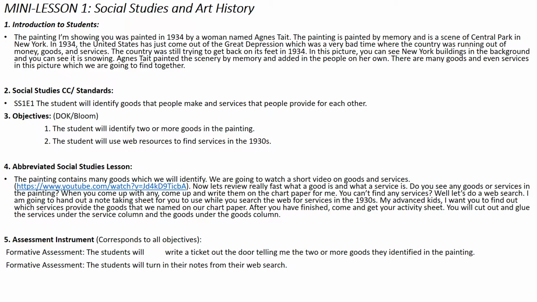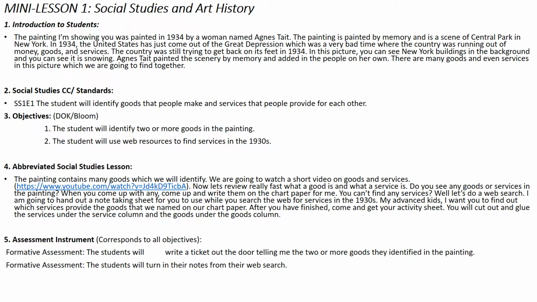For social studies, the first thing I thought about in the picture was the people, because there are so many people in the picture. I was thinking about how I can relate this to social studies. The artist actually painted Central Park by memory, so I thought about trying to go somewhere with that, but I knew I couldn't get anywhere with that.